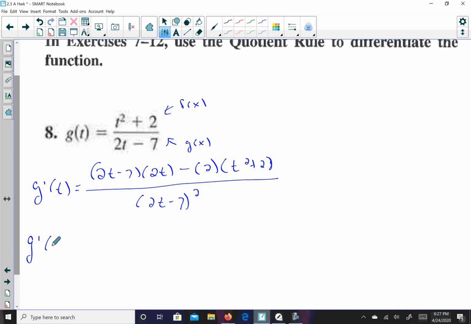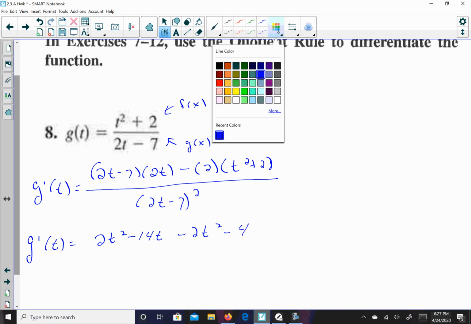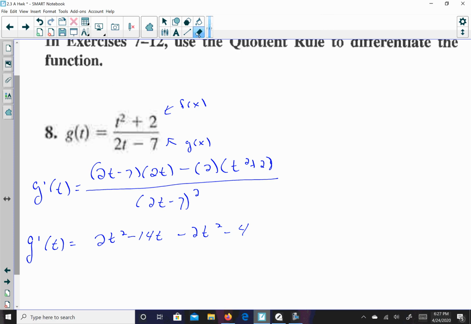Now I have to simplify. So I'm going to distribute the 2t, and I'm going to have 2t squared minus 14t. Here I'm going to distribute a negative 2, so minus 2t squared, minus 4. Just realized that I made a mistake. Oopsie. Let's erase.